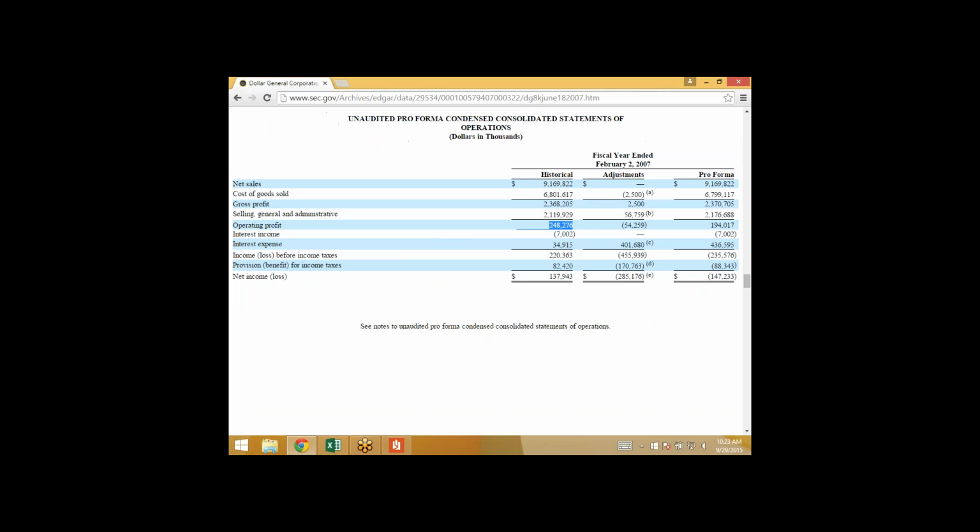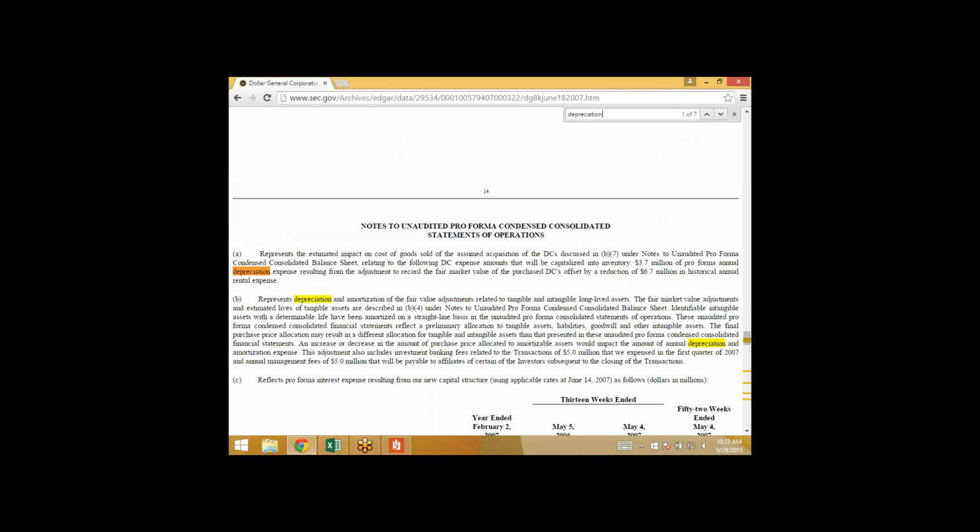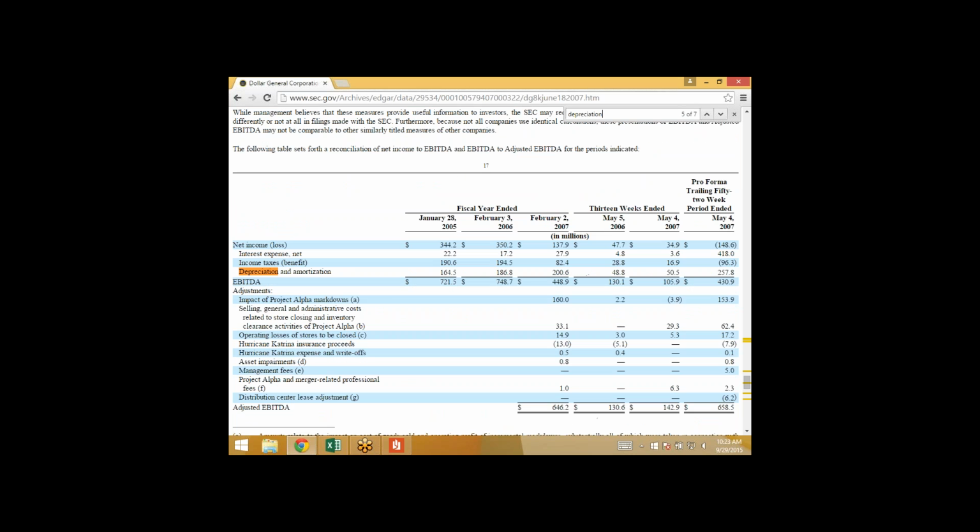And so for EBITDA, I need to do a word search to try to dig up some depreciation. And here is depreciation. I want to be careful to make sure it's the same time frame, which was February 2nd, 2007. They have depreciation of 200.6.